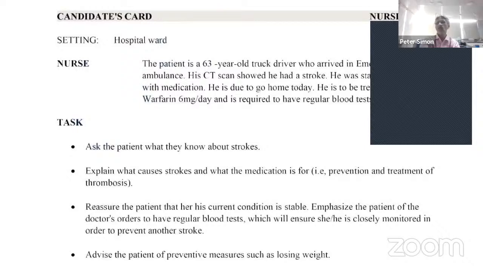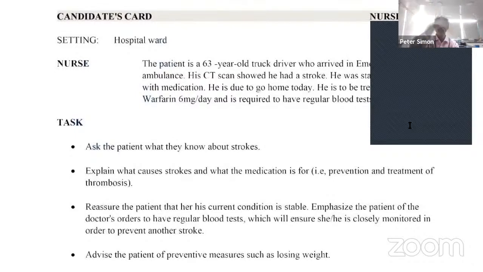First one is the causes of strokes. What are the reasons for a person to get strokes?